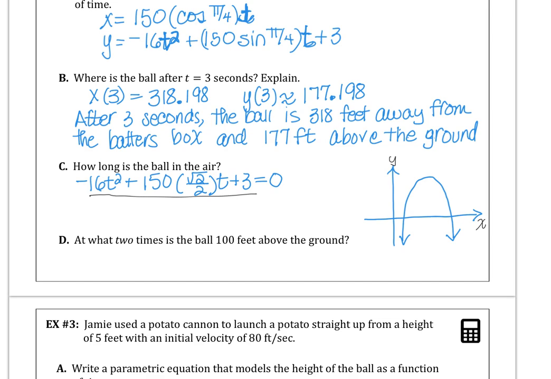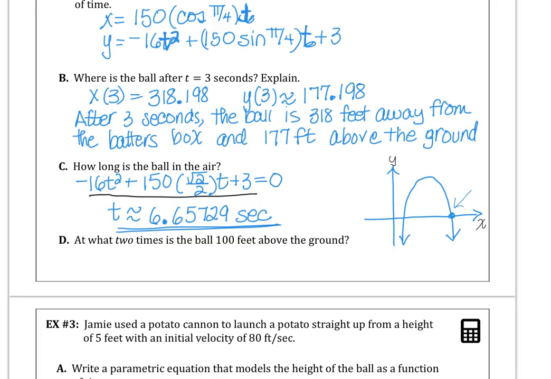So y has to be 0. I'm looking for this time over here. When does it hit the ground? And that happens at t is about 6.6579 seconds. So it takes that long in the air and then it hits the ground.